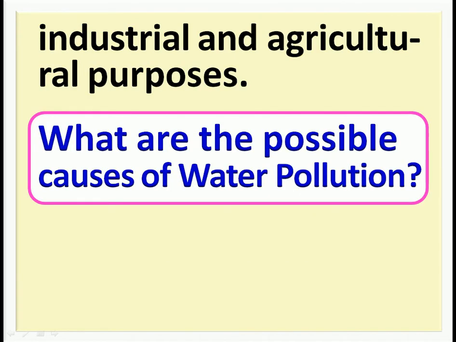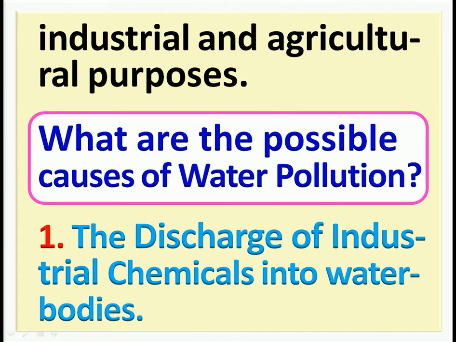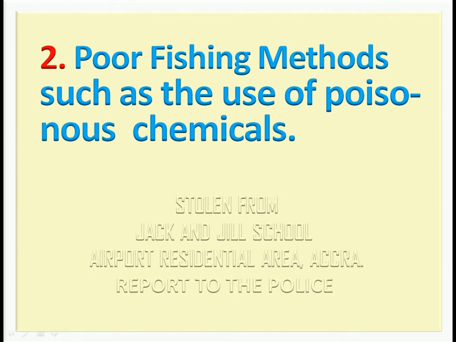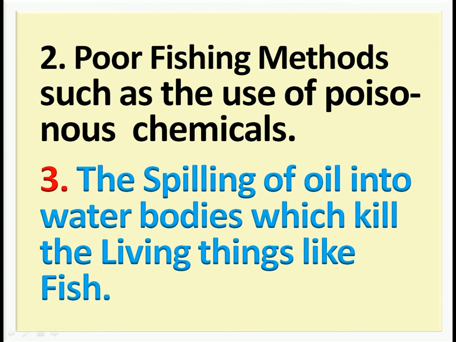What are the possible causes of water pollution? 1. The discharge of industrial chemicals into water bodies. 2. Poor fishing methods such as the use of poisonous chemicals. 3. The spilling of oil into water bodies which kills living things like fish. 4.